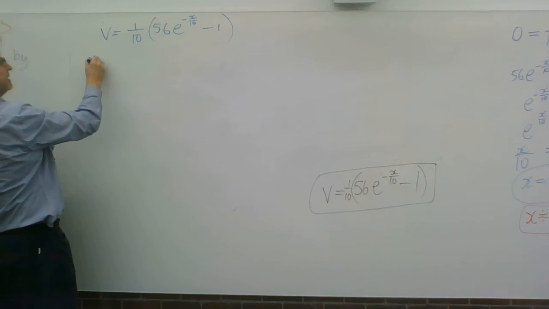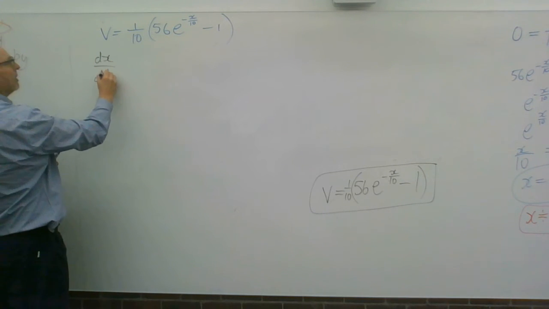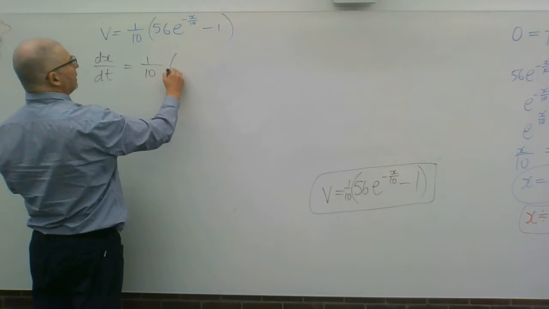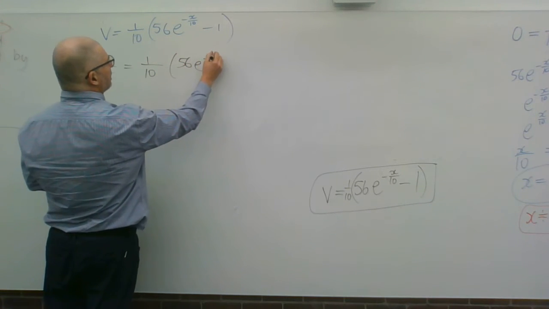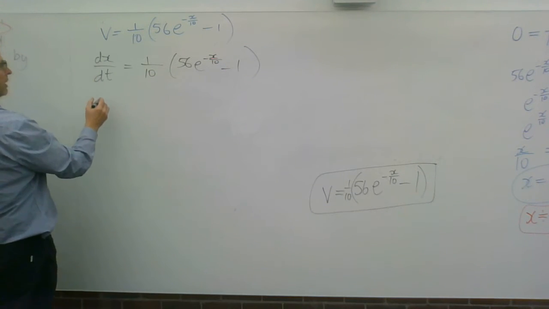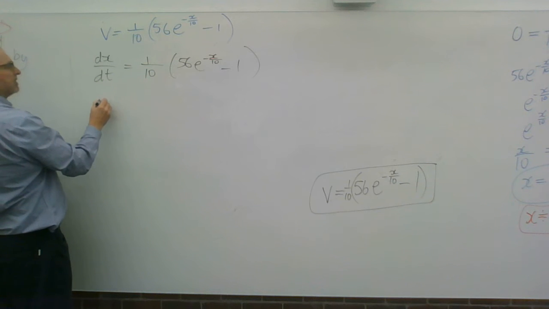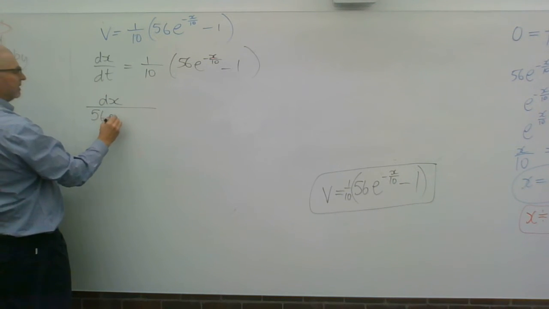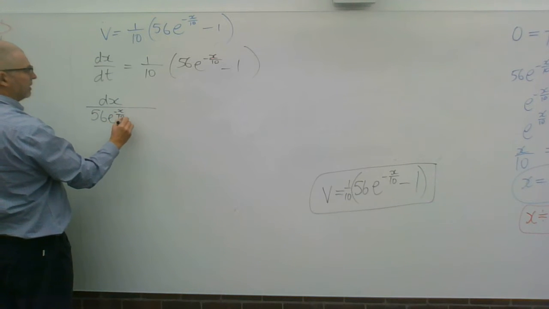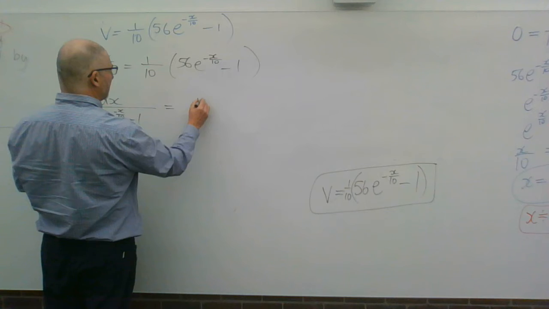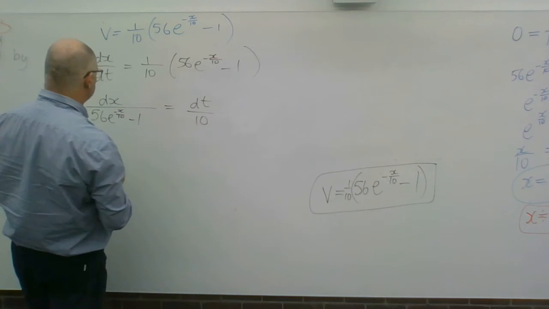So that's dx/dt equals 1/10 (56 e to the minus x on 10 minus 1). All right, so that says dx on (56 e to the minus x on 10 minus 1) equals dt on 10.